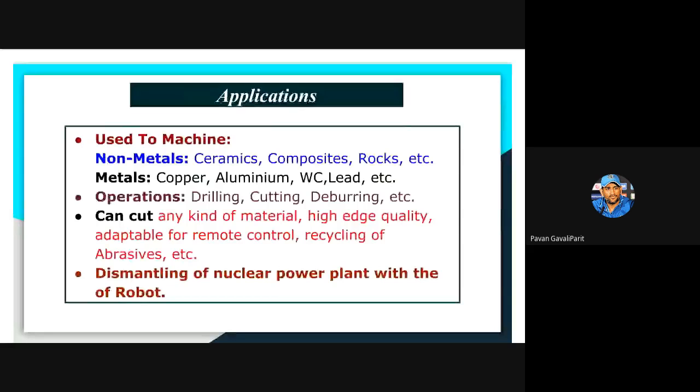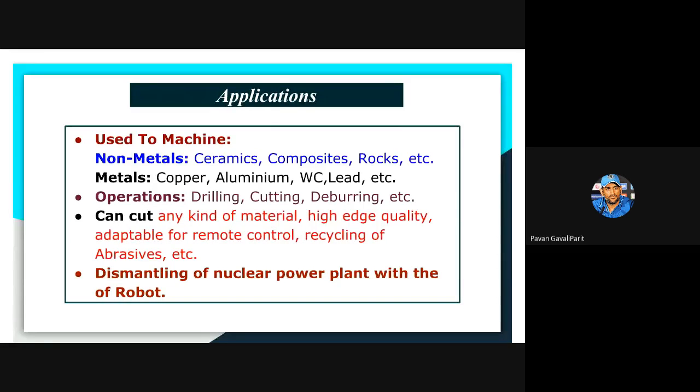This abrasive water jet machining process is used for machining purposes, for metals as well as non-metals.